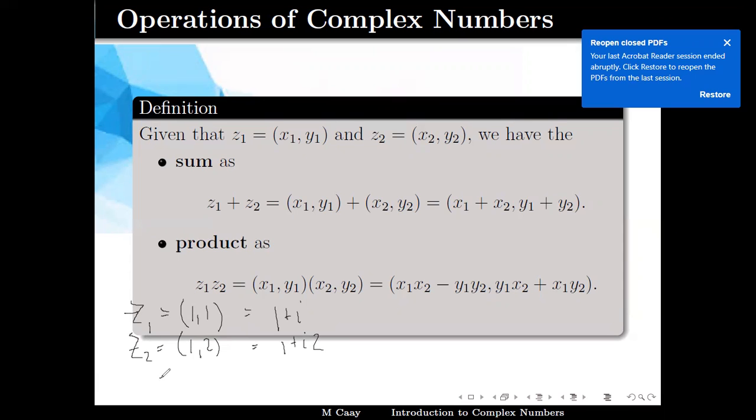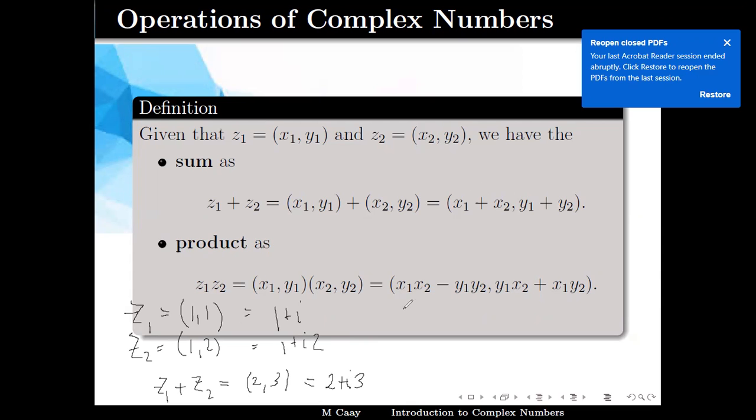To get the sum of z1 plus z2, according to the definition, we're just going to get the sum entry-wise. So we only have to add entry-wise here. So I'll get (2, 3). That is the sum of z1 and z2, or we can write this as 2 plus 3i, depending on your orientation.